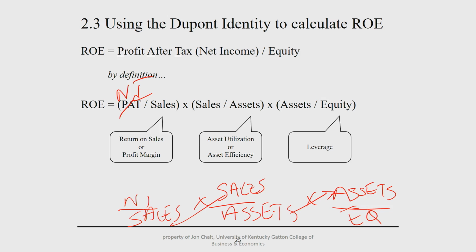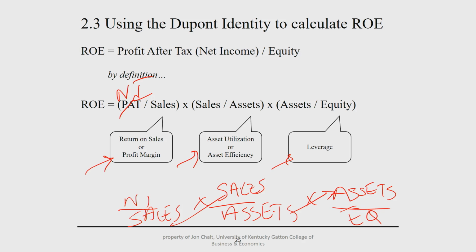What do they represent? So what you can see right here is what they represent. NI over sales represents profit margin. We talked about that. Sales over assets represents asset utilization or asset efficiency. We really talked about that when we were talking about asset turnover.